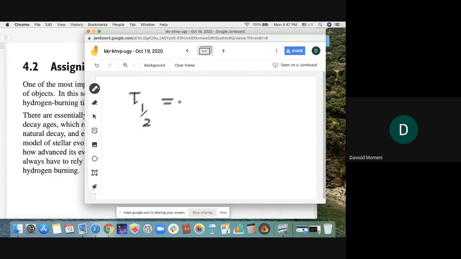This is given if you have any quantity which changes with time, like the mass, or the number of nuclei in any reaction, and you have the initial mass. So the lifetime, or half-life, tau of half, is the time when this mass reaches half of its initial value.